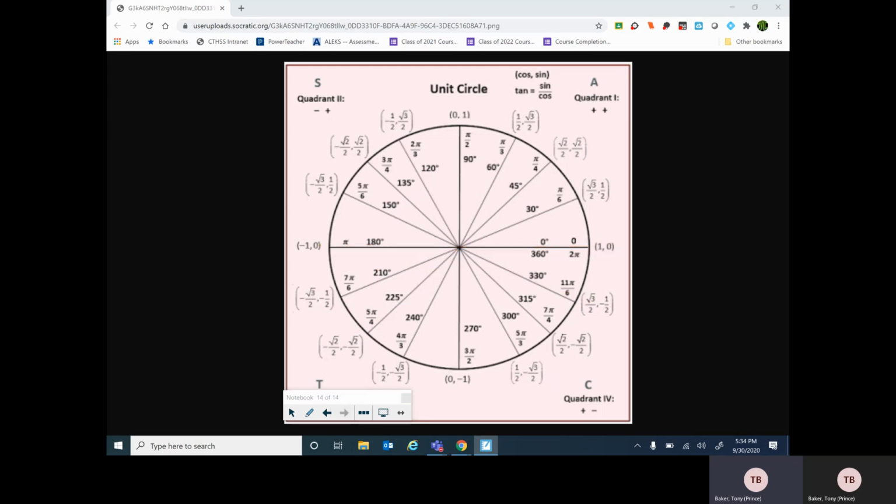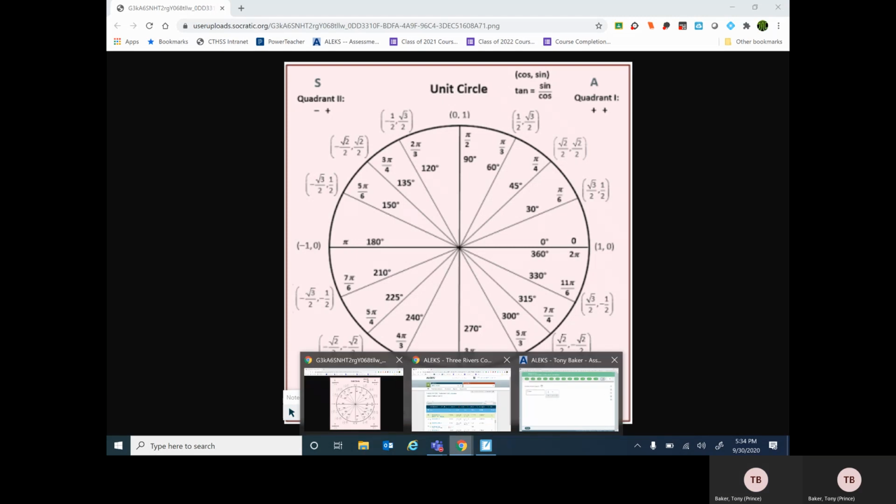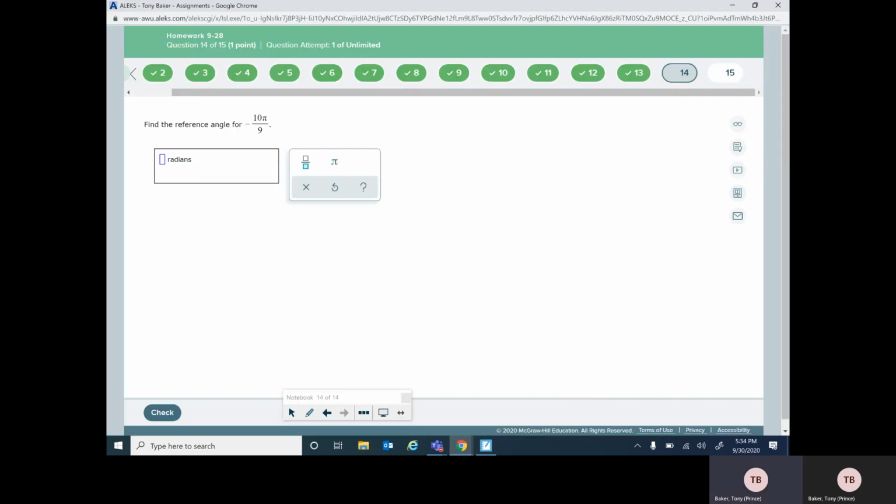So in this problem, I have negative 10 pi over 9. The first thing I have to do is get it on my unit circle. So I'm going to add 2 pi to this one to get it over there. Negative 10 pi over 9 plus 18 pi over 9, so I get 8 pi over 9.